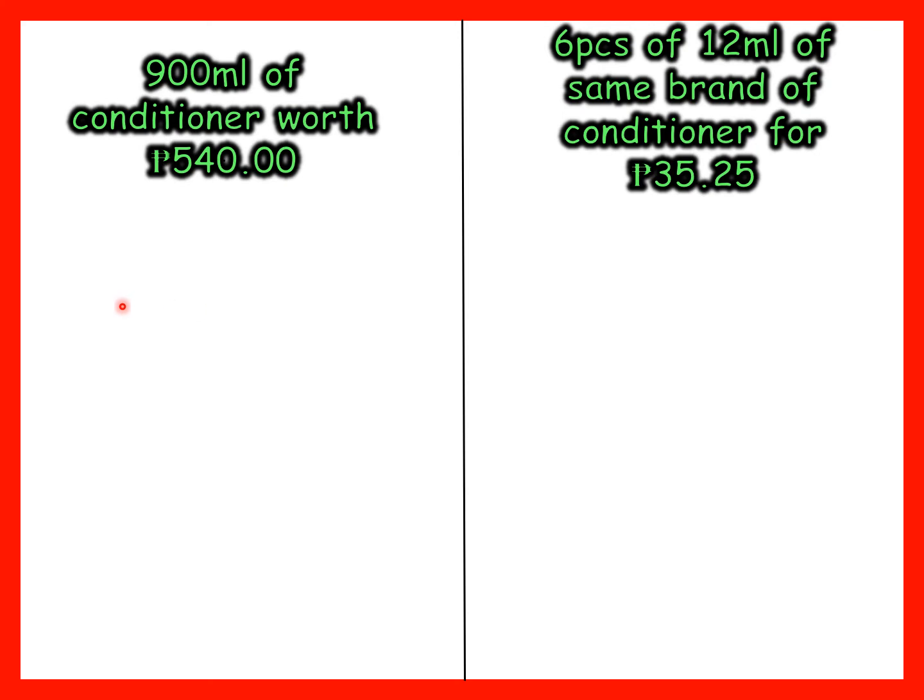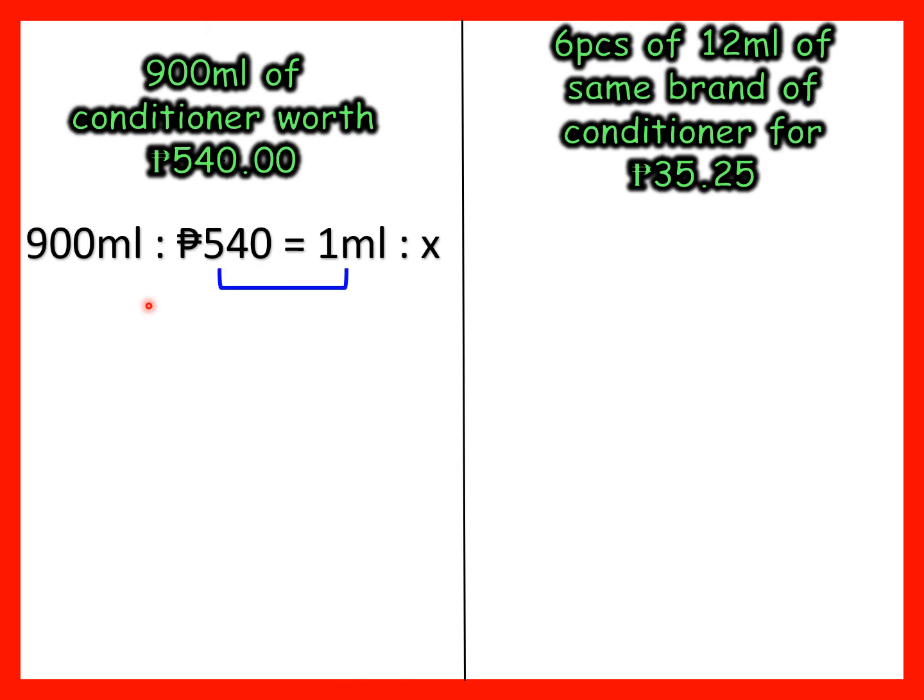Okay, so let us now get the product of the means, 540 pesos multiplied by 1 ml, equals the product of the extremes, 900 ml multiplied by x. So that's going to be 540 pesos ml equals 900 ml and x. So we need to find the value of x, so we have to get rid of 900 ml.